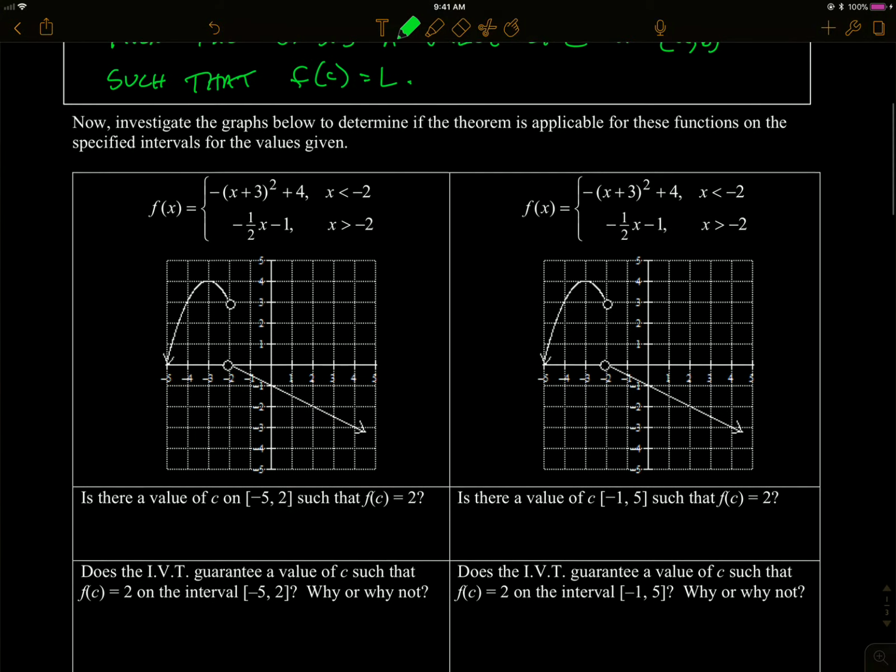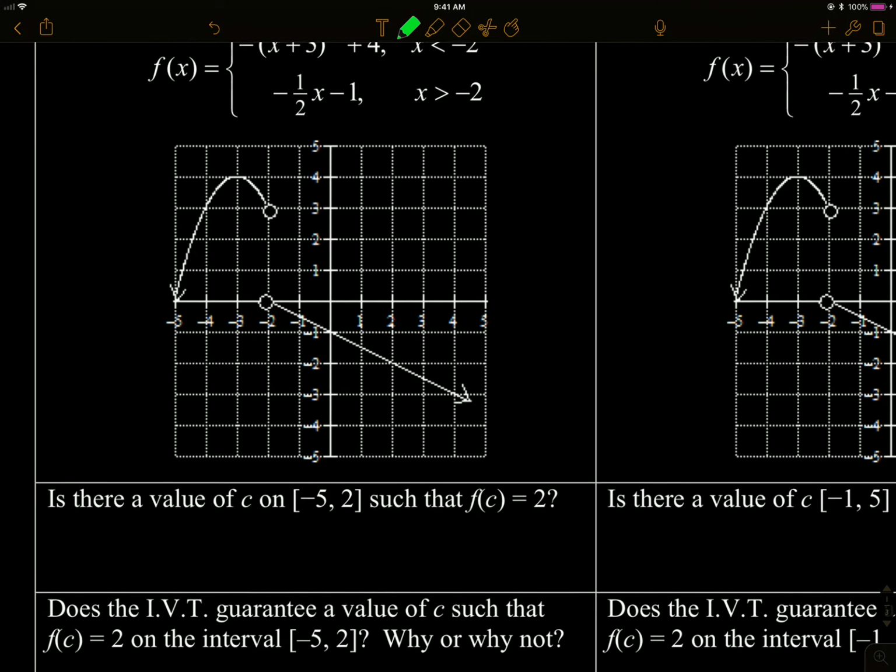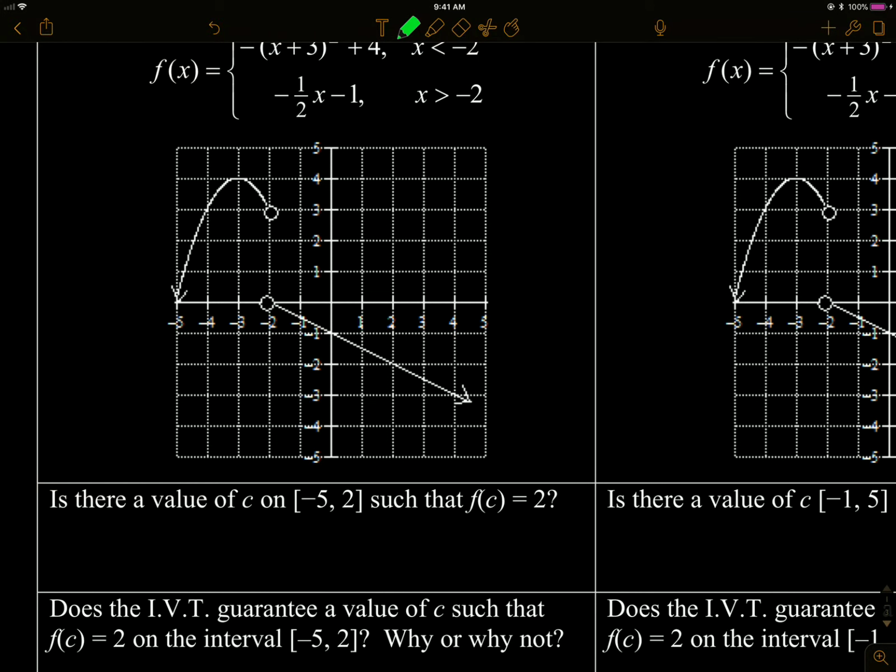So let's look at some examples. We're going to look at this graph below, this piecewise. The first question: is there a value of c on the interval -5 to 2, closed? Oh, sorry, that was -2. -5 to 2. Is there a value of c on that interval such that there's an x in there somewhere where the y is 2?